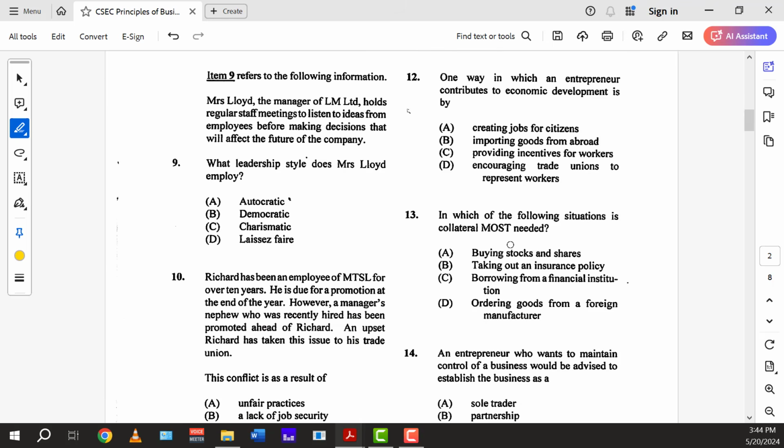Number 9 refers to the following information. Mrs. Lloyd, the manager of LM Limited, holds regular staff meetings to listen to the ideas from employees before making decisions that will affect the future of the company. What leadership style does Mrs. Lloyd employ? Autocratic, democratic, charismatic, laissez-faire?